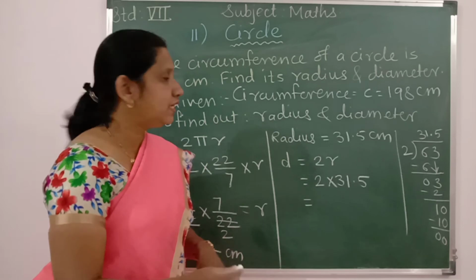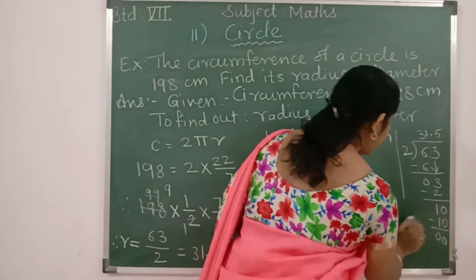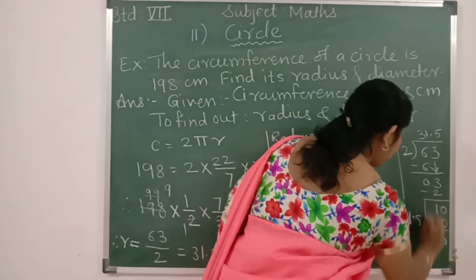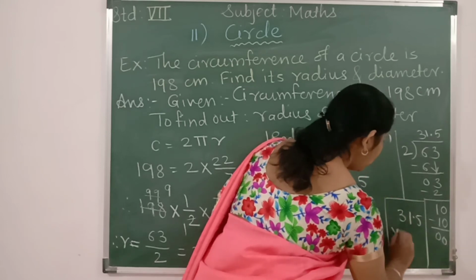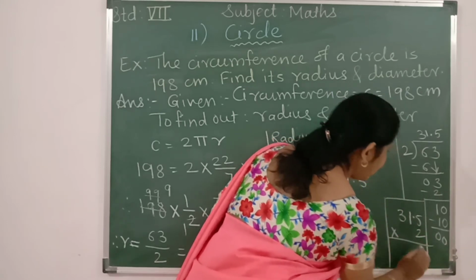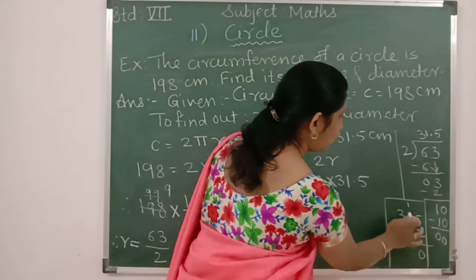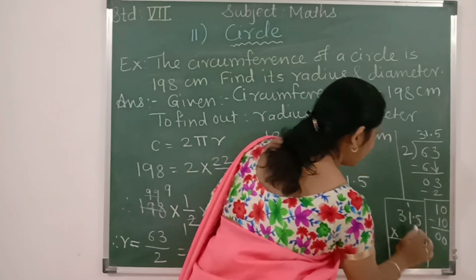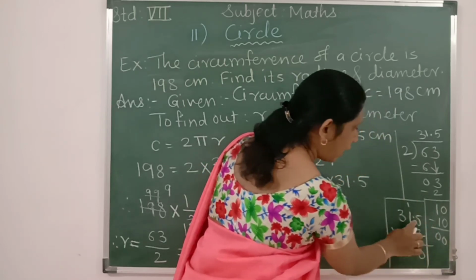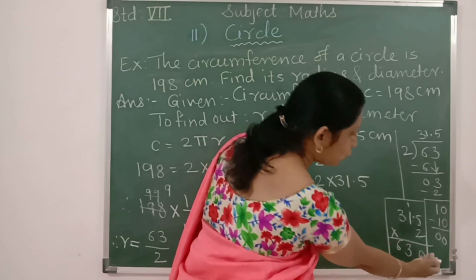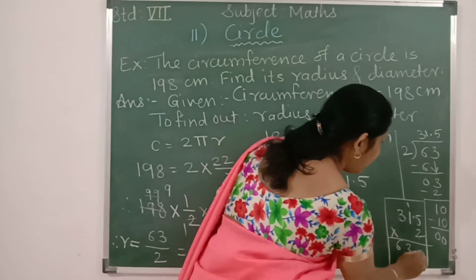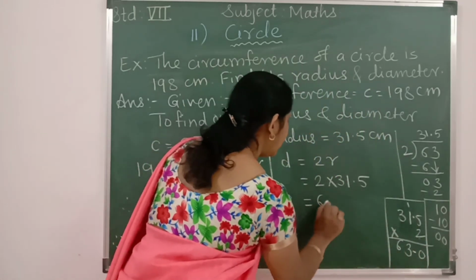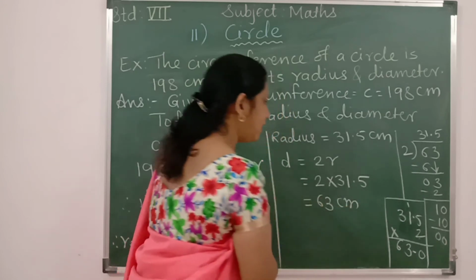Of course, easily we have to multiply. You can multiply if you don't understand actually also. 5 2s are 10, carry 1. 2 1s are 2 plus 1, 3. 2 3s are 6. After decimal point 1 digit, so from right towards the left, leave 1 digit. So what will give? 63 centimeter.